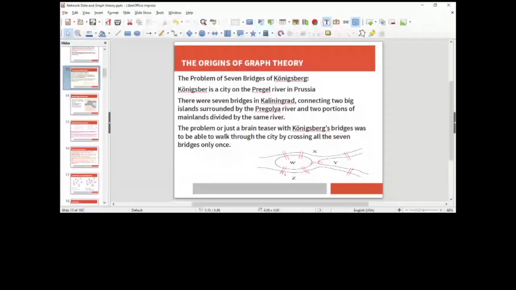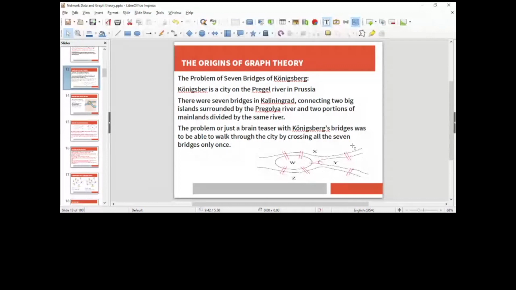You can see here there are 7 bridges: 1, 2, 3, 4, 5, 6, 7. So this was where graph theory came up. How can you walk through by crossing all 7 bridges only once?